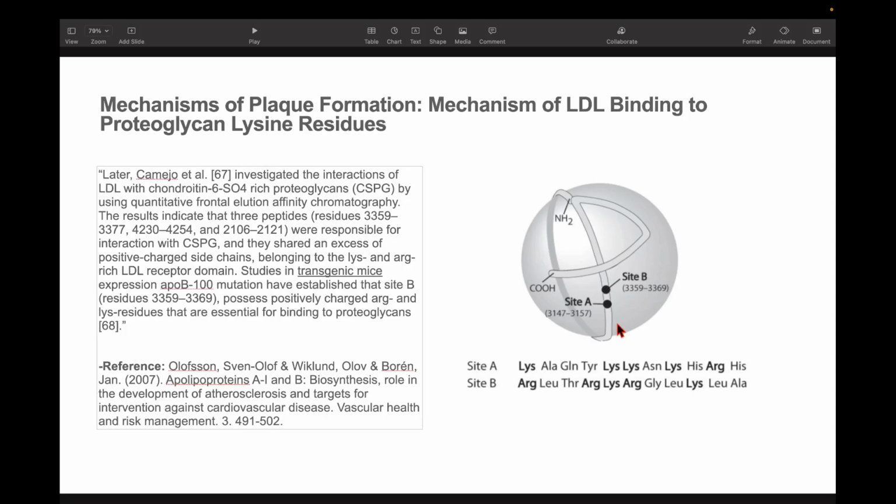Vitamin C is one of the main cofactors in collagen synthesis. So those areas that become damaged can essentially be healed if they have an adequate supply of vitamin C and the amino acids to produce collagen. So again, we'll talk about that in a bit, but I wanted to show this here because it'll become more important as we go along, talking about the lysine binding sites on these LDL so that they are unable to bind into the vascular wall.